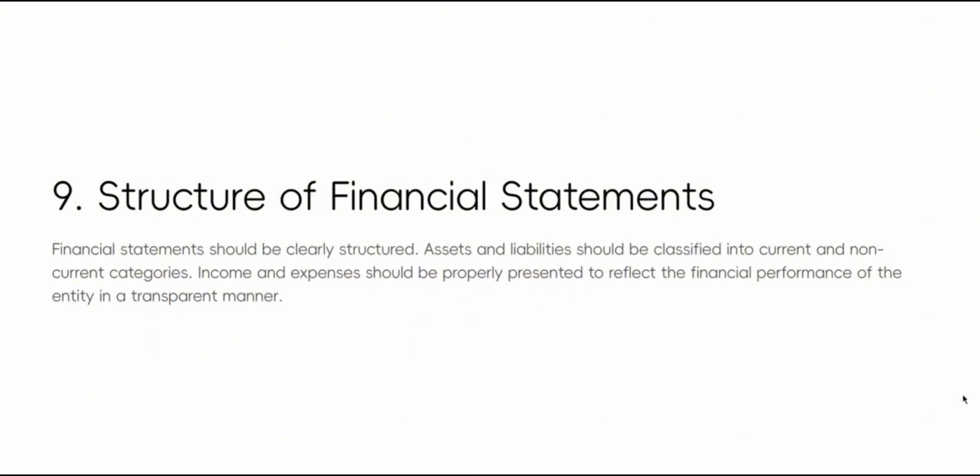Non-current means items that are long-term. For example, a loan payable within 1 year is a current liability, but a loan payable after 5 years is a non-current liability. This classification helps users understand the company's liquidity and long-term stability.